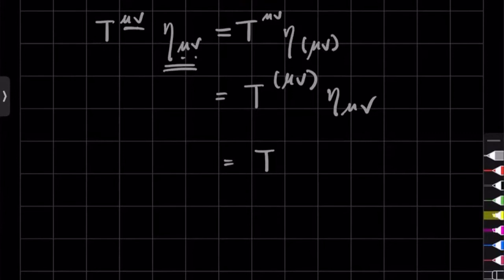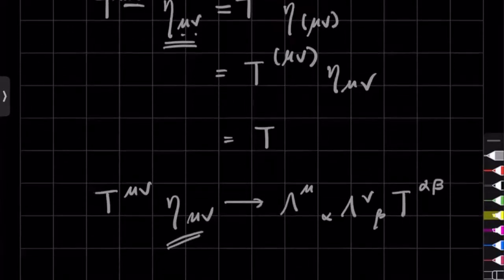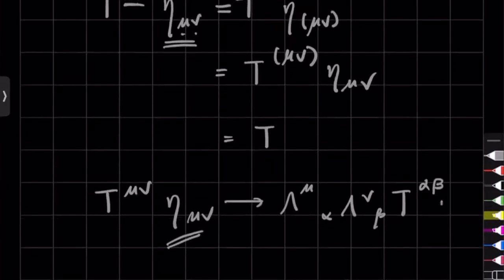So under Lorentz transformation, T mu nu eta mu nu should go to lambda mu alpha, lambda nu beta, T alpha beta. But we have already proved that this thing does not change on the Lorentz transformation. This thing should just remain eta mu nu.